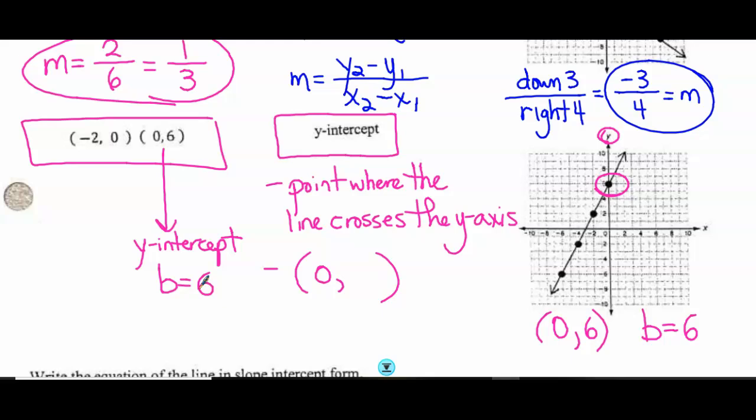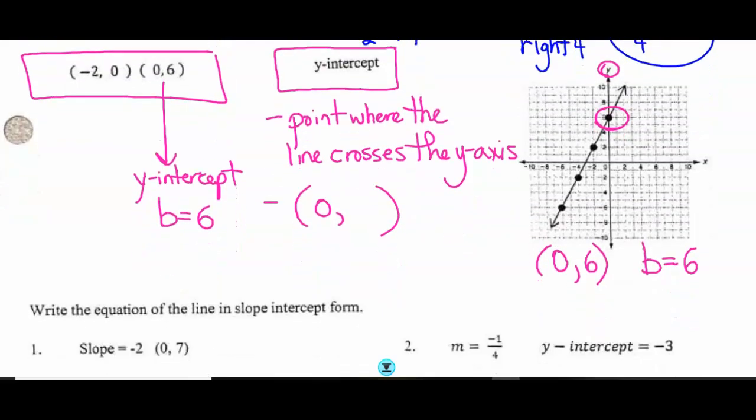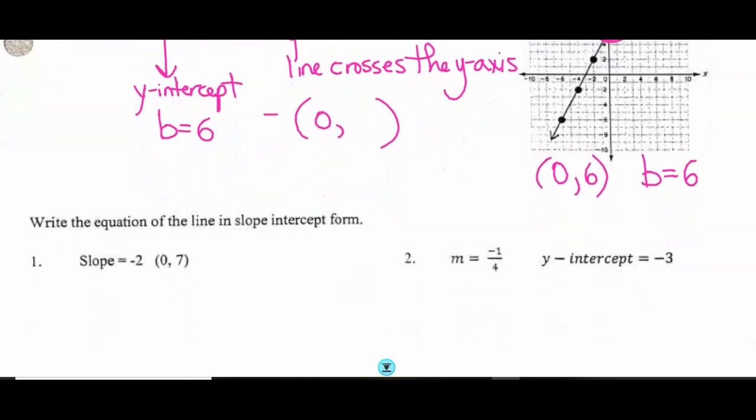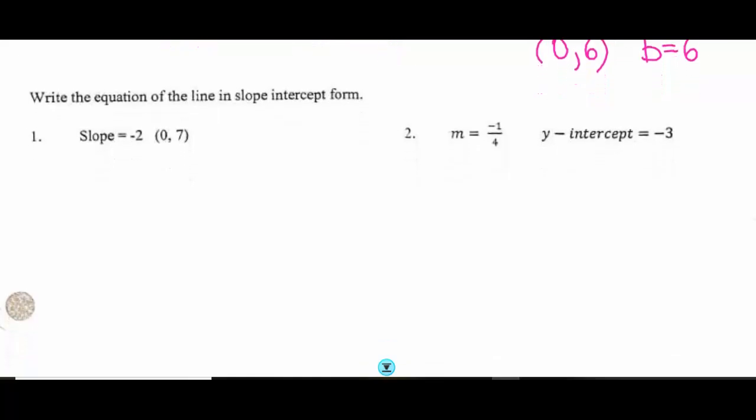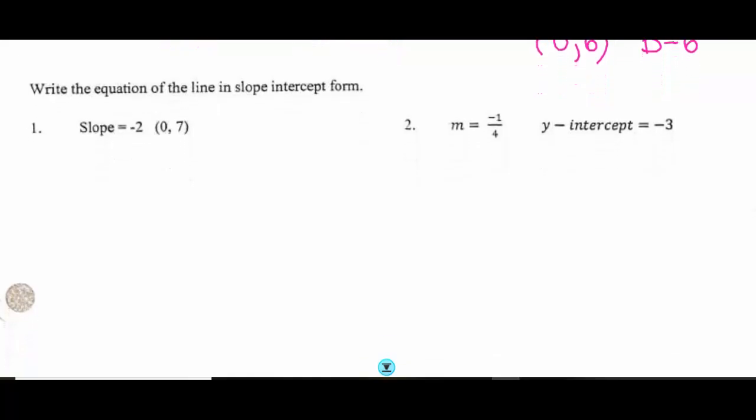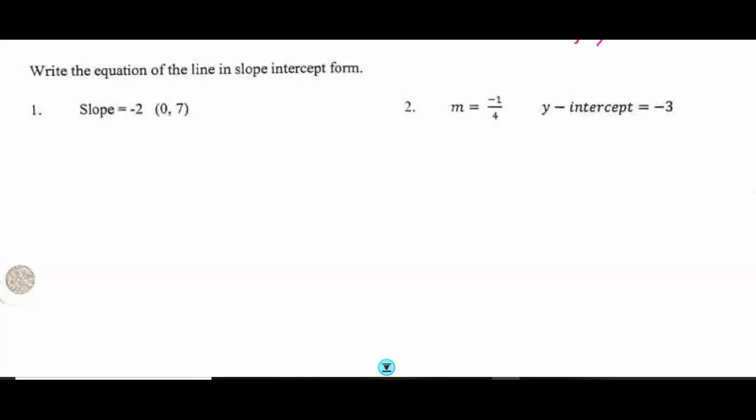The other ordered pair is actually an x-intercept. All right? So that's all you need for this lesson. You either find the slope by the counting method or the formula. You find the y-intercept by looking at the spot on the graph, or you look at the ordered pair with a 0.